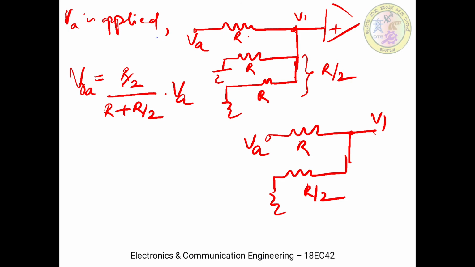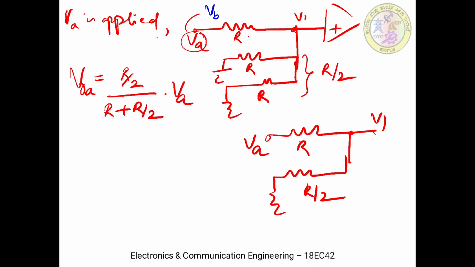Similarly, you can now imagine that only VB is applied and VA and VC are made equal to 0. In that case, instead of VA here we are going to get VB, that's all.